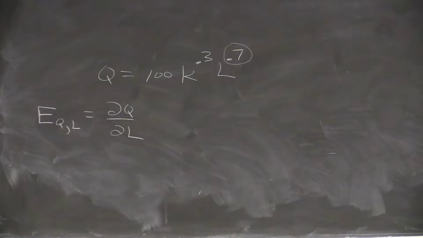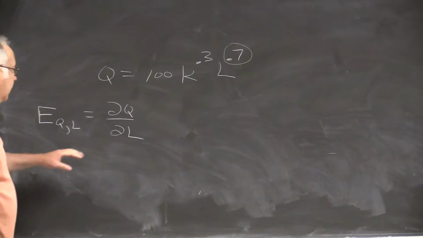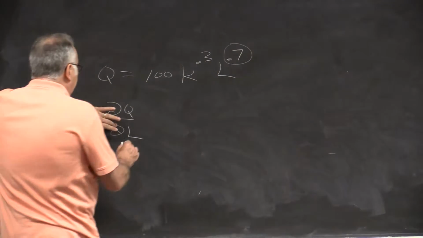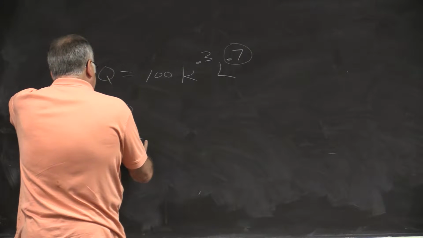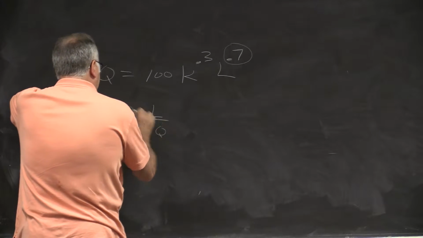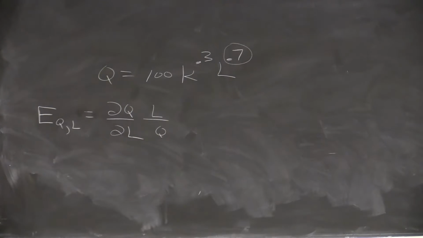It's partial Q, partial L times L over Q. The way to remember this is that L is down here, so you put it up here. The Q is up here, you put it down here.